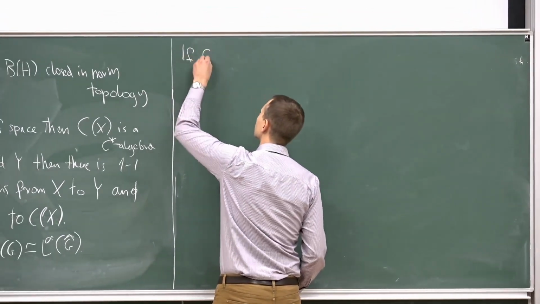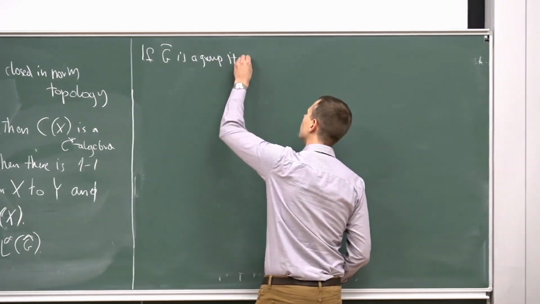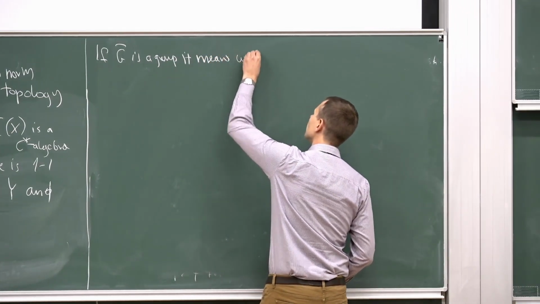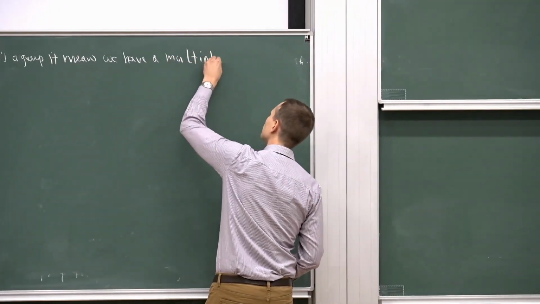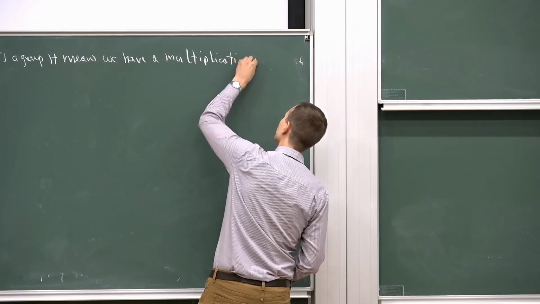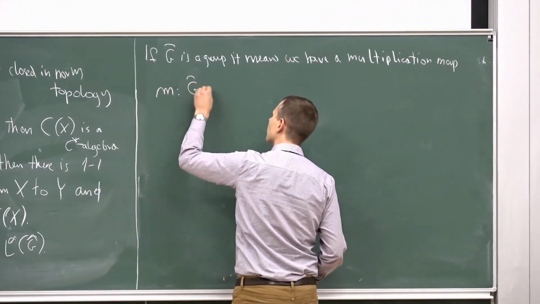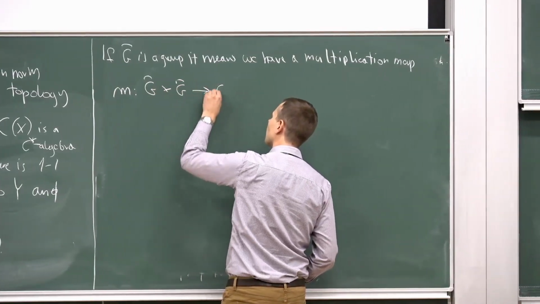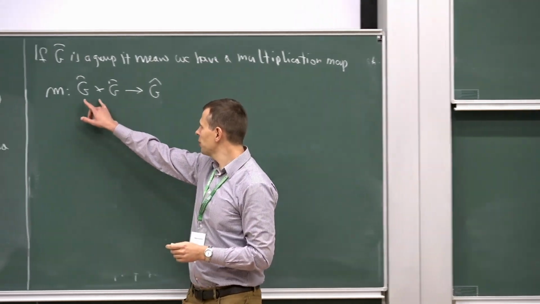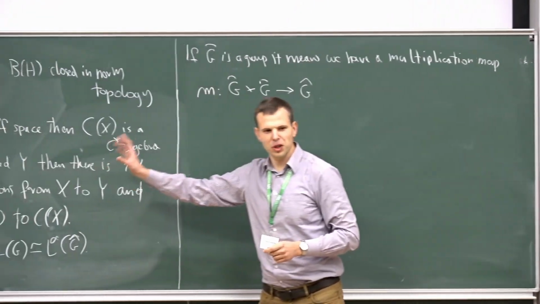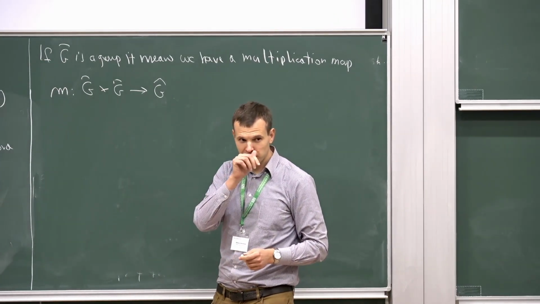So G hat is a group, which means we have a multiplication map. If you have a map between topological spaces, by this duality it should correspond to a star homomorphism.